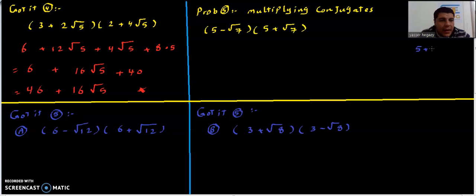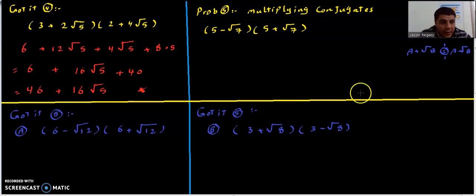In general, if we have A plus the square root of B, its conjugate is A minus the square root of B. Just change the sign in the middle. So here we have the conjugates 5 minus the square root of 7 multiplied by 5 plus the square root of 7. One of them is negative and the second is positive.